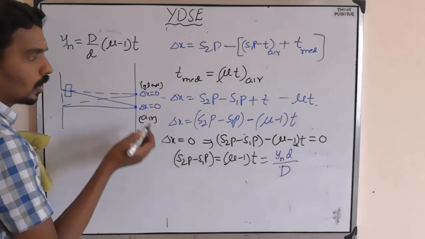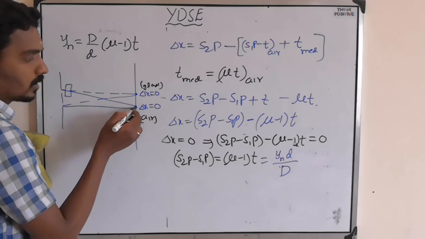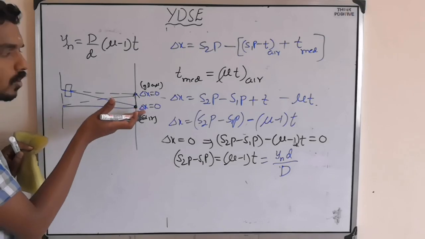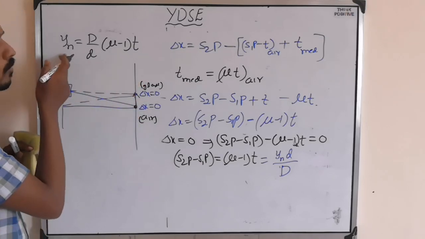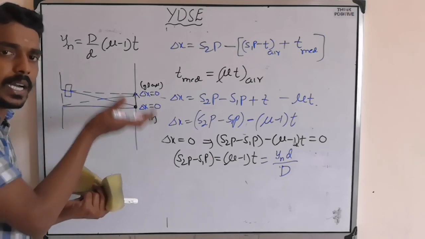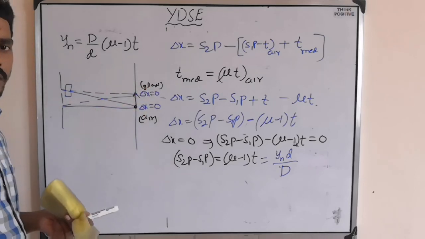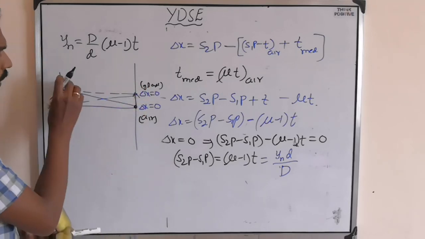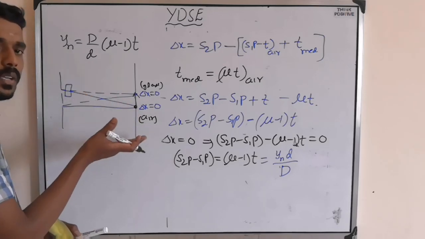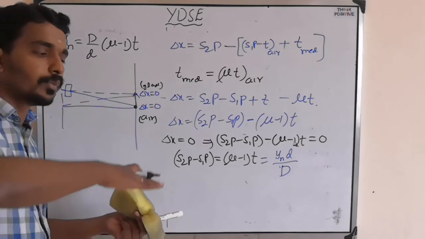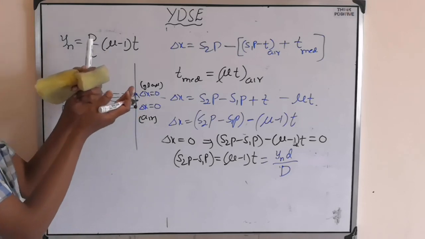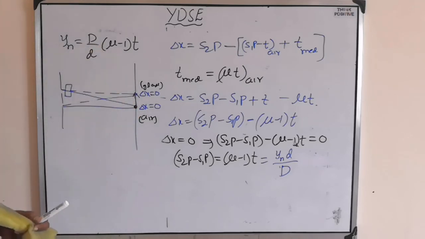So now you are getting the central bright fringe here. So the central bright fringe got shifted by some distance. How much? Yn. So that means the fringe pattern got shifted. So the conclusion is, when you introduce a glass slab in one of the paths, the central fringe will shift. Obviously the other fringes also shift. So the whole pattern shifts up by this much distance.